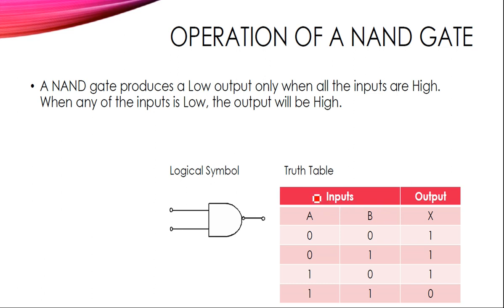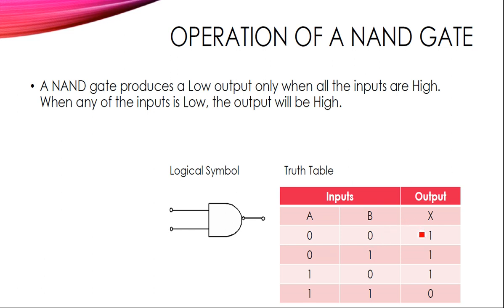So here you can see in the truth table, A and B are the inputs, X is the output. So here A is 0, B is 0. So 0 and 0, 0. Take the complement of that.